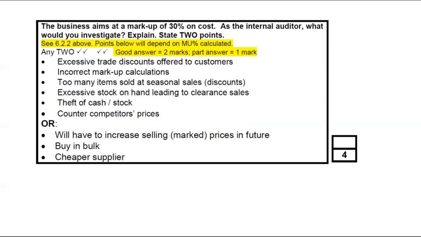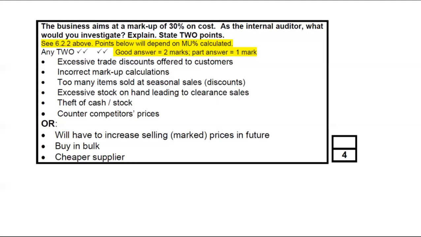Or simply it means theft of cash or stock. So if cash is stolen, sales will decrease, obviously. If stock is stolen, the units that we sell will also go down, therefore increasing our expenses. Counter competitors' prices, it means that we are selling less because our competitors are selling the same quality goods at better prices, or we'll have to increase our selling price in order for us to increase our markup in the future.